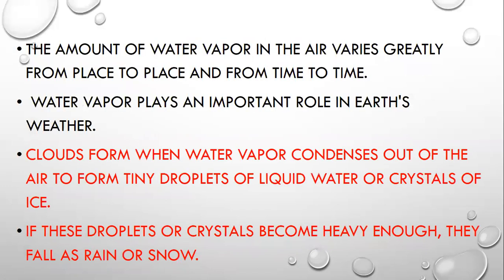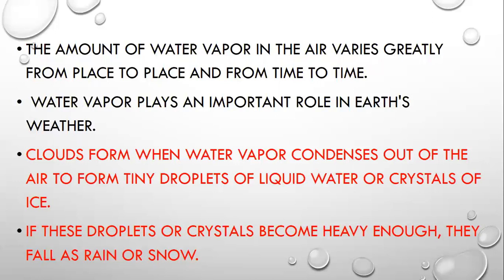The amount of water vapor in the air varies greatly from place to place and from time to time. We call it humidity. If you Google the weather and get the humidity, you will know it's talking about the water vapor amount in the air.